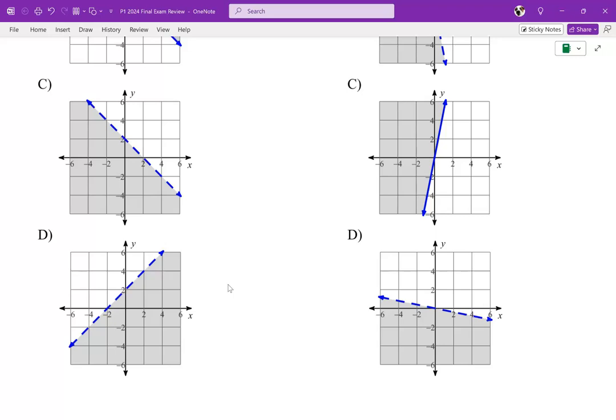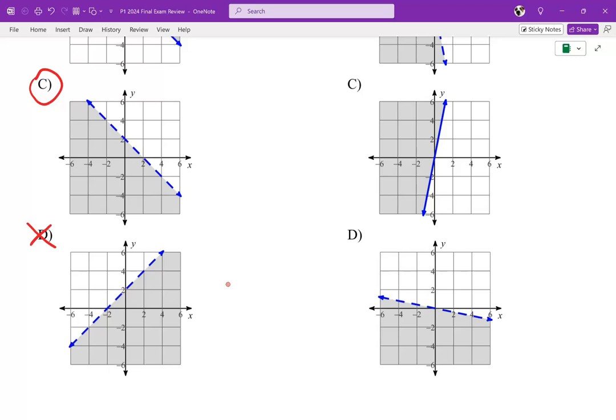Negative 1. A negative slope, does that mean the line is going down or going up? Down. So which one makes more sense? C. This one's going up. There you go. I'm done graphing this one. I don't actually have to graph it if I can make sense out of it.